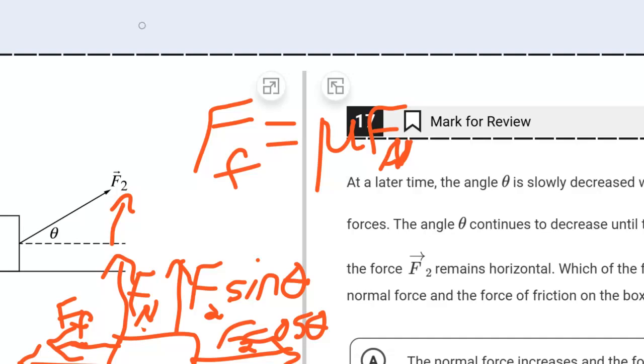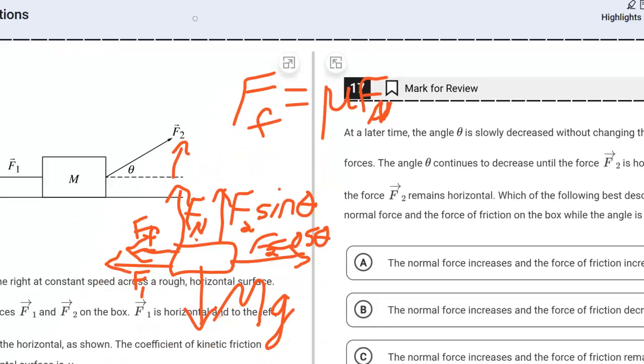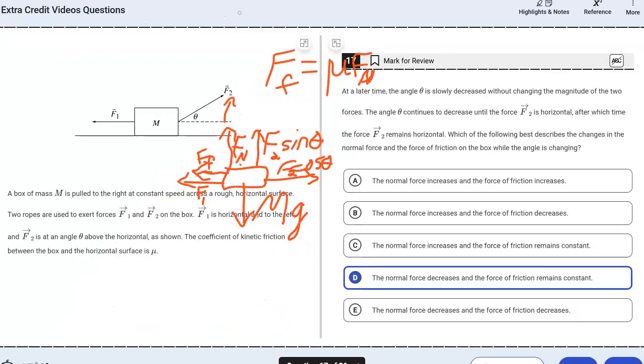Okay. So let's set up. First, let's do the y direction. In the y direction, since it's not flying, it's at complete rest. We know it's in equilibrium. And then normal force plus F2 sine theta equals the weight force, which is mg.